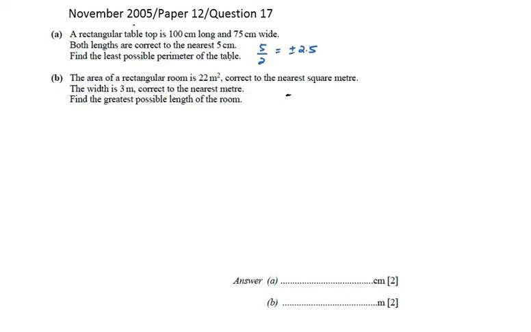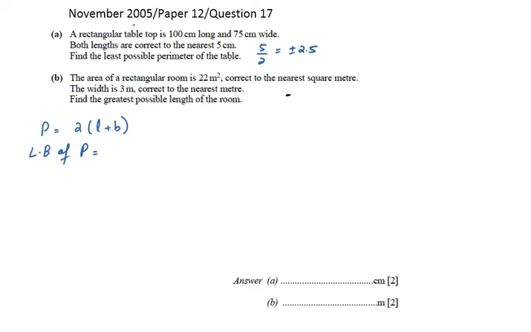So first of all, as we know, the perimeter of a rectangle is 2(L plus B), it means length plus breadth, or length plus width. So here length is given 100 cm and similarly width is 75 cm. To find the least possible perimeter, it means we will find the lower bound of perimeter.